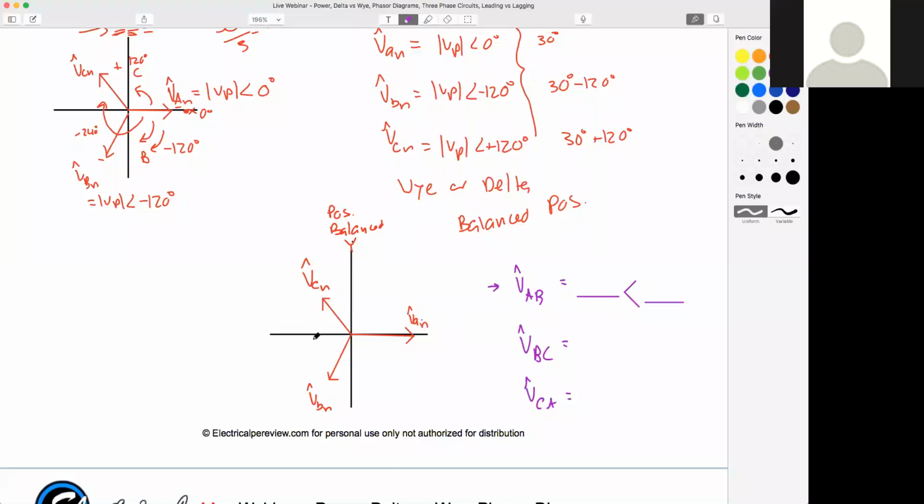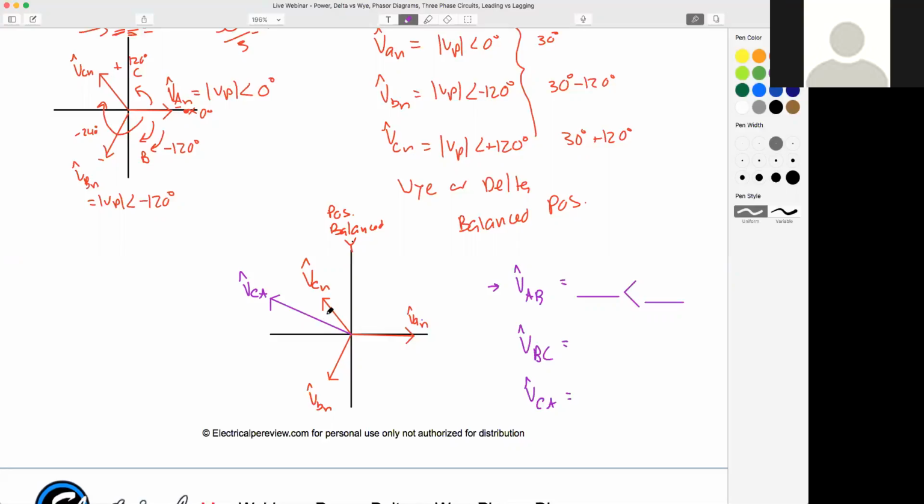Perfect. Good job. Is it going to be bigger, smaller, or about the same size? It's going to be bigger, right? So this is our V. I'm going to call that VCA. Good. Mary said square root 3 times bigger, 100%.